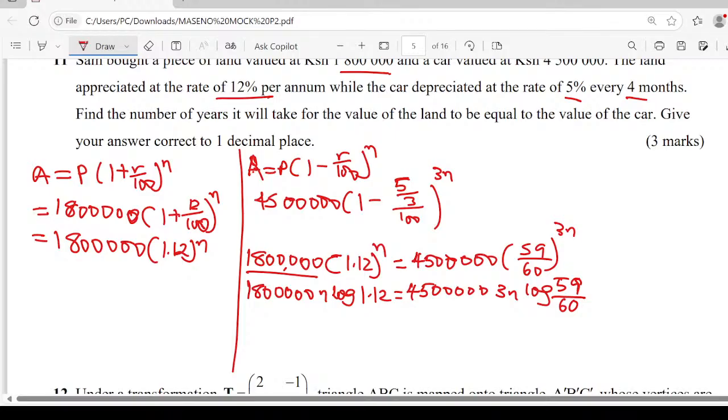So that will mean when you tend to reduce this, let me see. How are we going to sort this out?